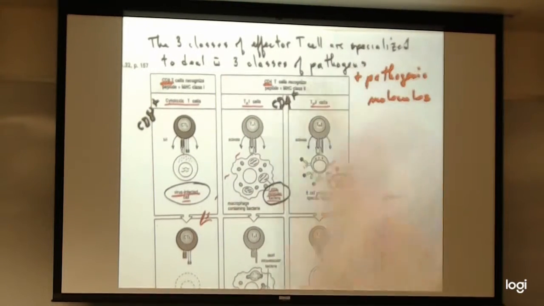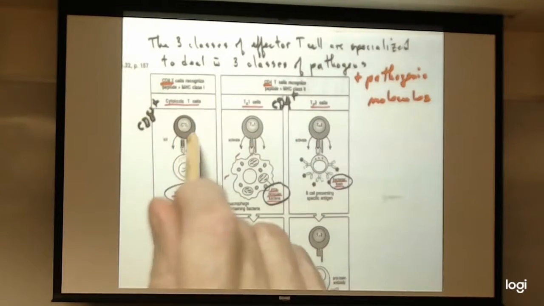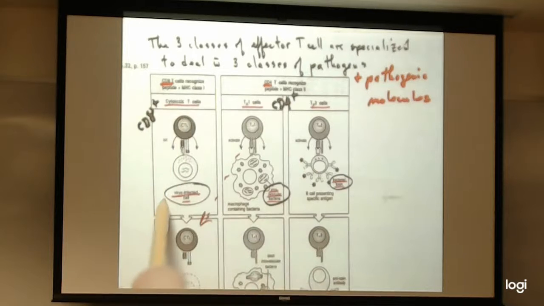Viruses are going to be defended against by CD8 killer T cells. That's how we fight virus infections. Now, that's not to say B cells making antibodies isn't good and helpful for fighting virus infections, but really this is the main way we defeat a virus infection, with killer T cells.